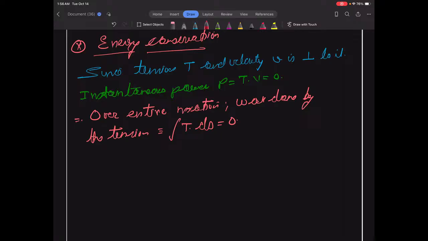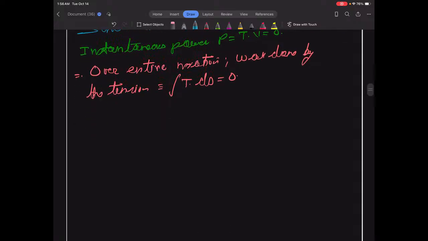So it means there is no work done on the string.